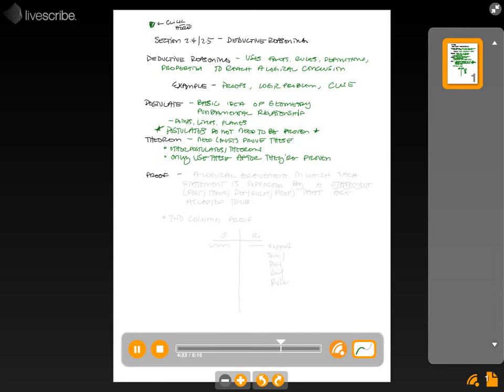Now, our last one is proof, and that's the word I just said, a proof. And a proof is a logical argument in which each statement is supported by a statement.